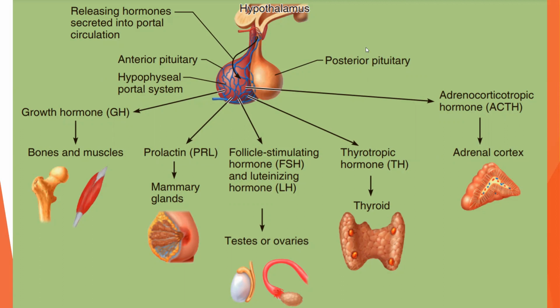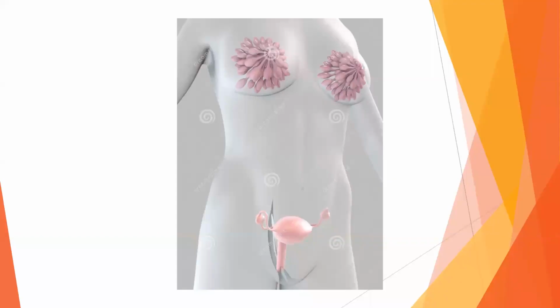Okay, if everyone is done taking photos of the different hormones produced by the anterior pituitary gland, let's proceed to the posterior pituitary gland. Let's proceed to the hormones released by your posterior lobe.